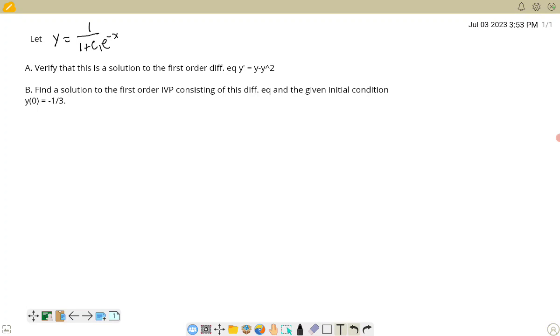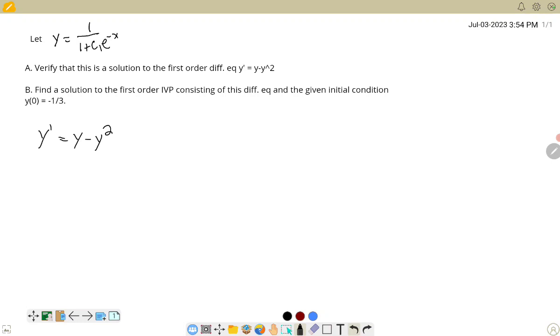We're going to do this problem now. We're going to let y equal 1 divided by 1 plus c1 times e to the minus x. The first thing that we have to do is part A, verify that this is a solution to the first order differential equation y prime equal to y minus y squared.